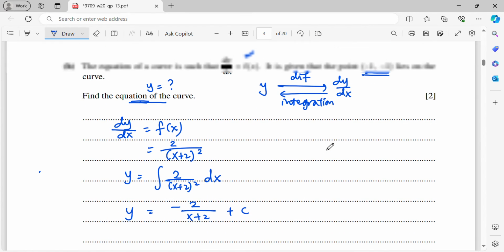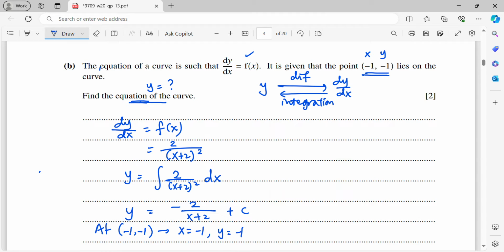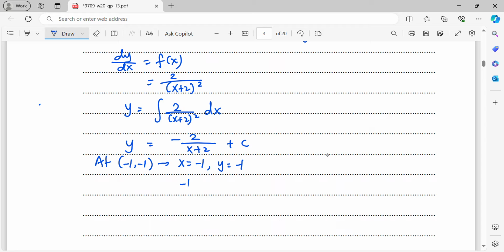Now to get the c, we need to replace the x by minus 1 and the y by minus 1. So when you replace, you will get minus 1 equals negative 2 over (minus 1 plus 2), then plus c. So minus 1 equals negative of 2 over 1, since minus 1 plus 2 is 1.